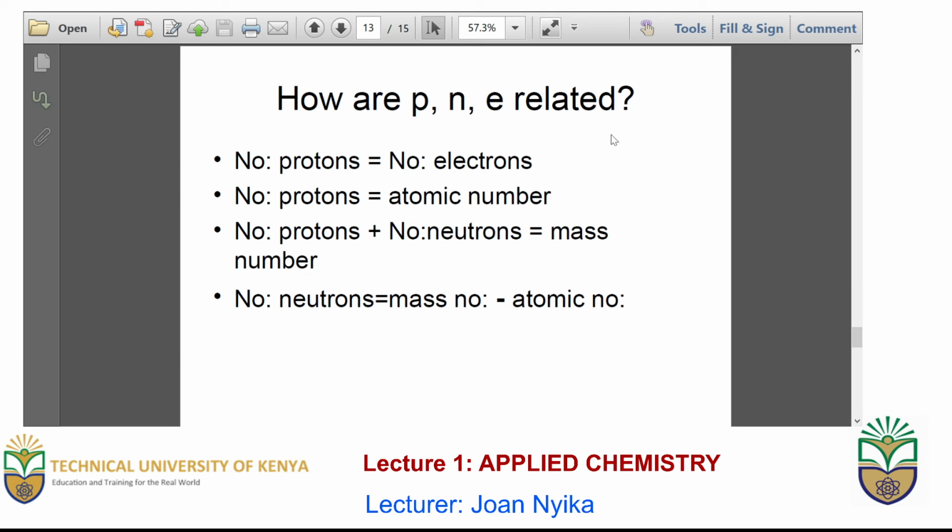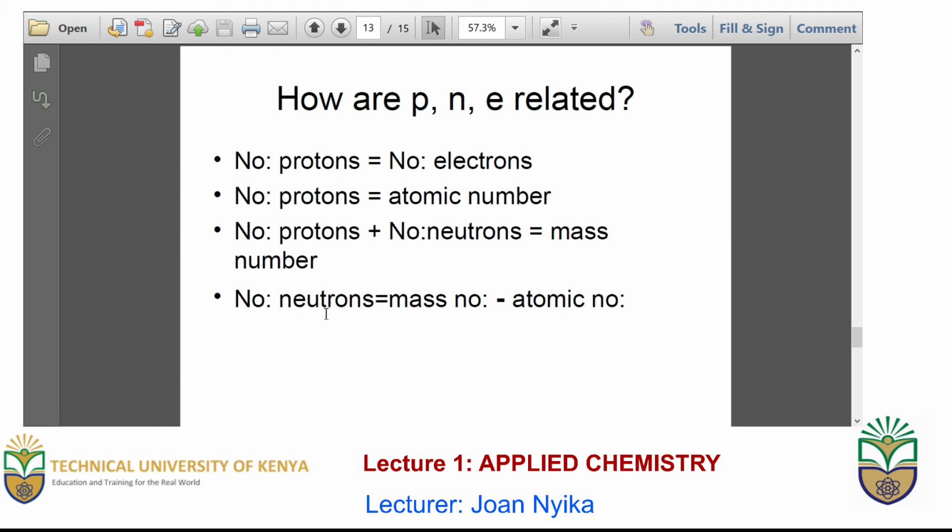let us see the relationship between an electron, a proton, and a neutron in relation to an element. The number of protons is equivalent to the number of electrons. The number of protons is equivalent to the atomic number of an element. The number of protons plus the number of neutrons is what we call the mass number of an element.